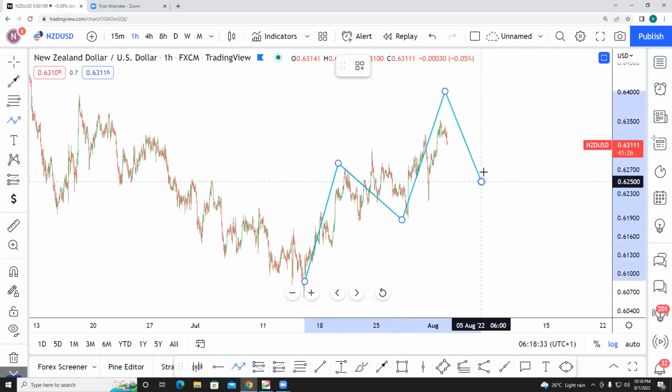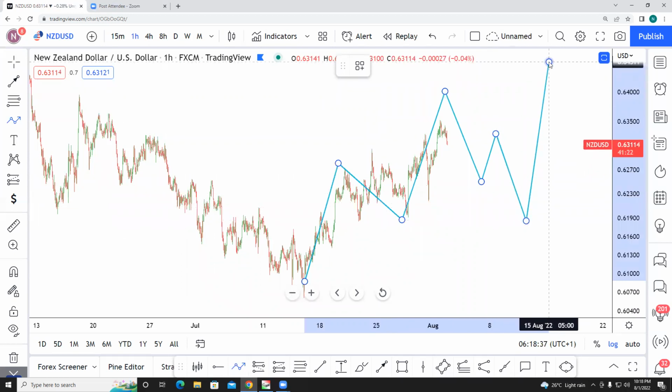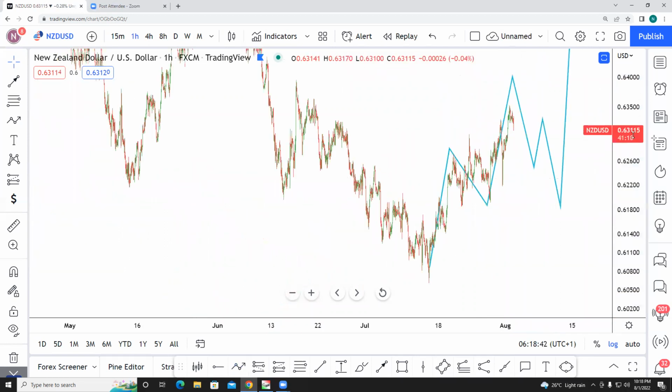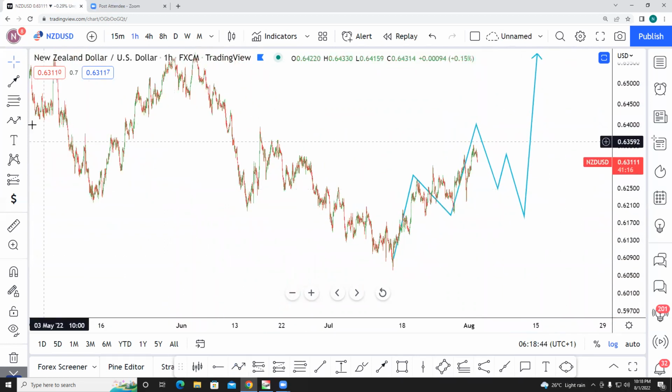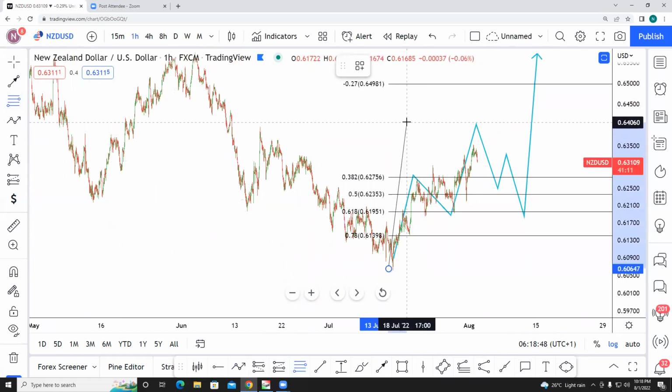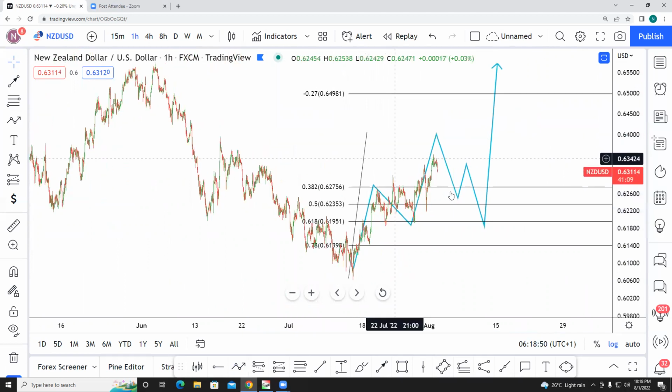Then you have 1, 2, 3 back to 50%, and you now have a move to the upside. So this three-wave structure will be a leading structure called a three-wave impulse. I'm going to treat this as a three-wave impulse if this is to continue to move to the upside.